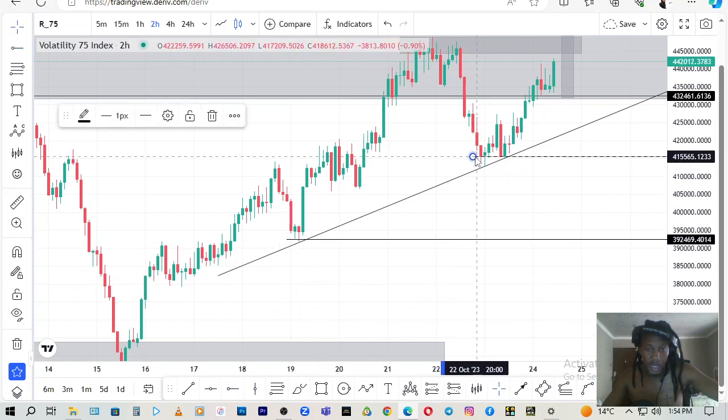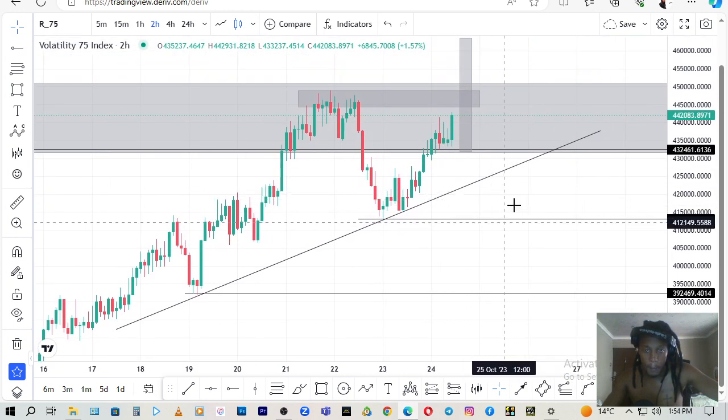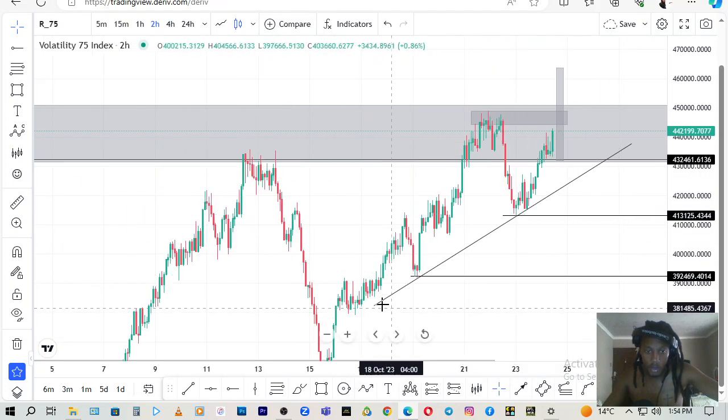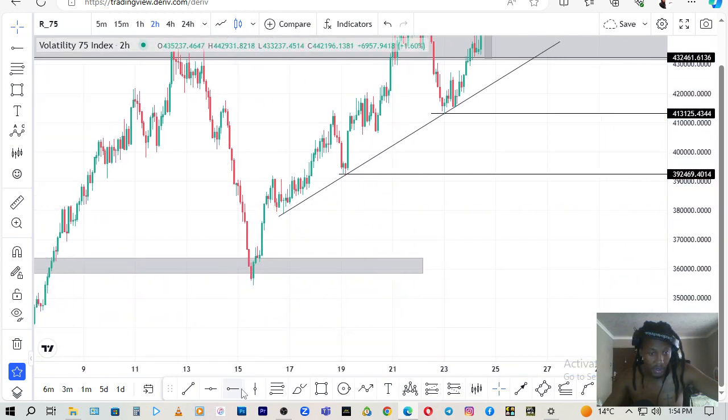So if ever the market reverses and finds support over here, then I'm buying again. I'm buying here to this. But then if it breaks it, then I'm definitely sure it's going to come to which area? This area over here. It's going to come here.